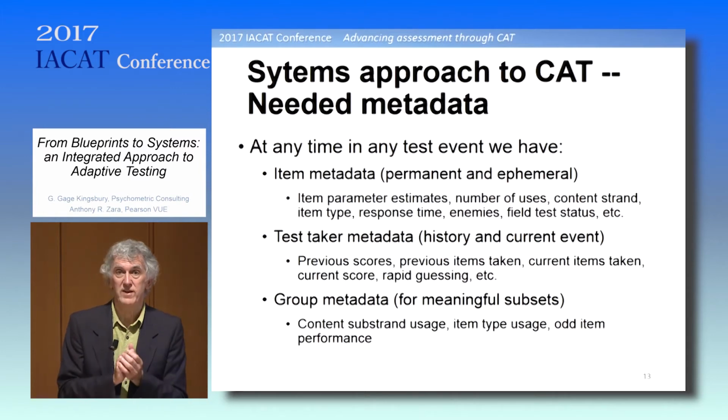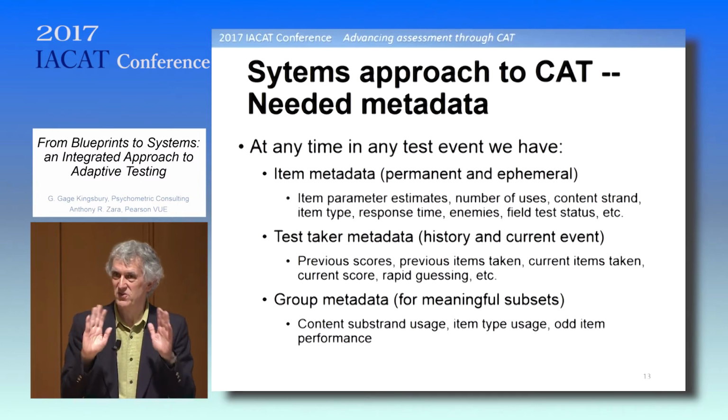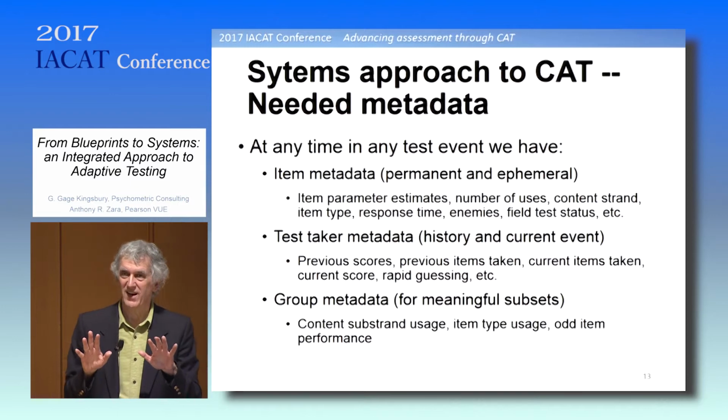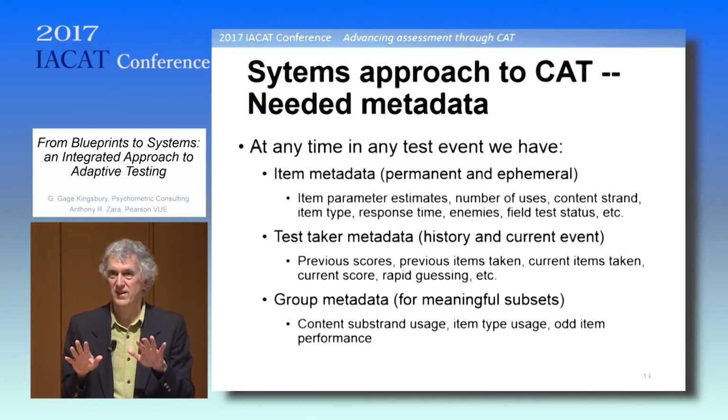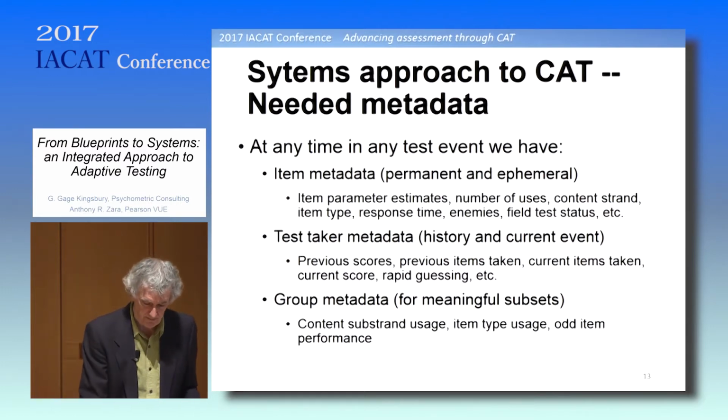Because if you know how often items have been administered, that makes item exposure control a lot easier. You still have to do a lot of statistical analysis to identify how the items will be chosen, but having the data available makes it a lot easier to do in an ongoing operational testing program.